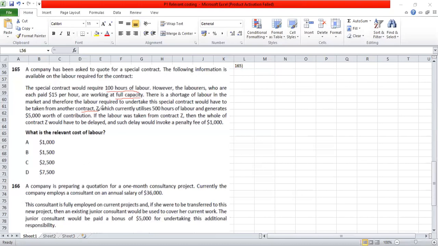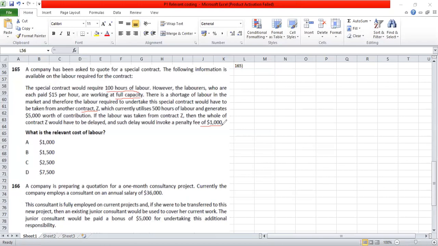So at present they have to forego that. See, if they continue with contract Z, they will earn this $5,000. That is now not going to be received by them. Plus, we also see that this delay is attracting a penalty of $1,000. So this is what has to be looked into.